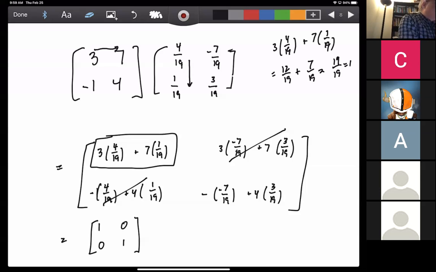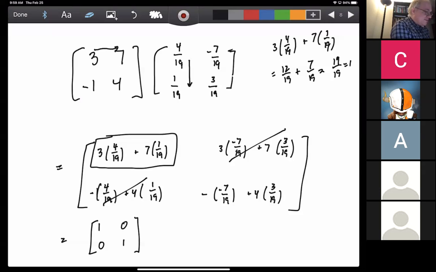All right, so that's basically how things work. For a bigger matrix, of course, the amount of arithmetic you have to do increases in general.